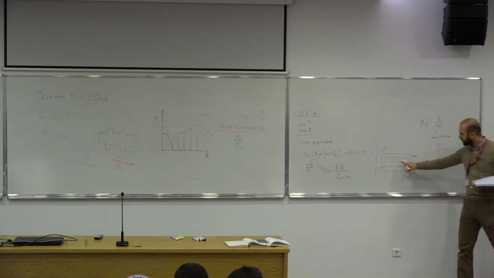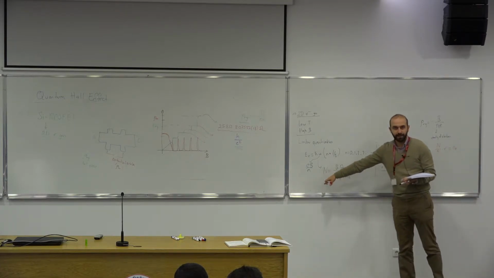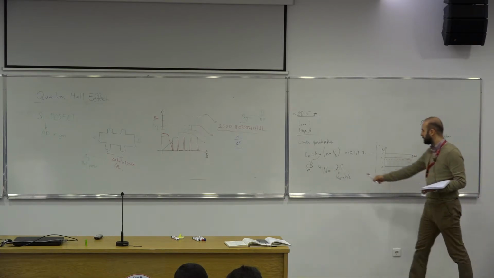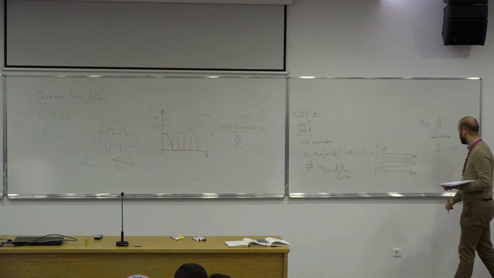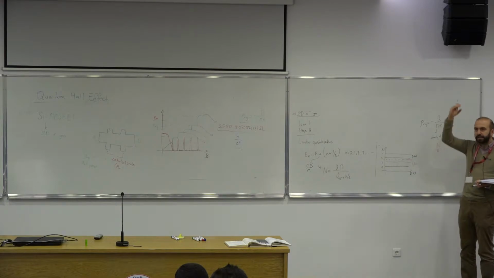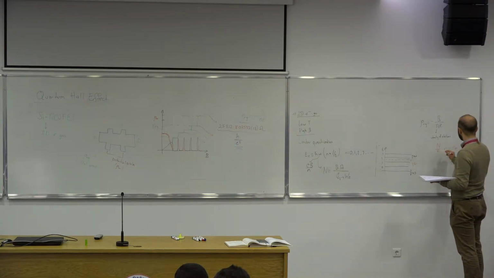So the density of electrons that I have in each Landau level will be given by N over A. I'm looking at the density. So it's given by B times e over Planck's constant. Then if I multiply it by the filling factor, which gives me how many of the Landau levels are filled, I'll end up with the total density of electrons in my system. So I can replace this expression in here.